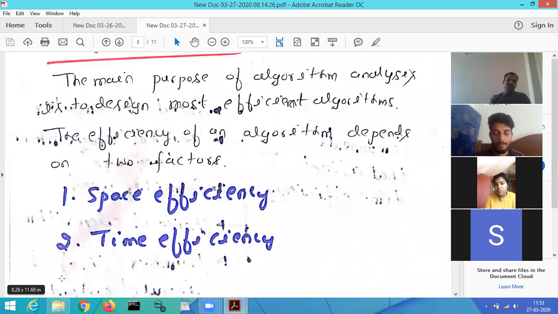One is the space efficiency, another one is the time efficiency. Both the parameters are very, very important. Space efficiency means the amount of space consumed by an algorithm. Time efficiency means the amount of time required for completion of an algorithm.